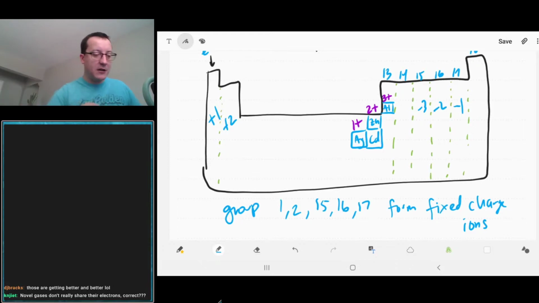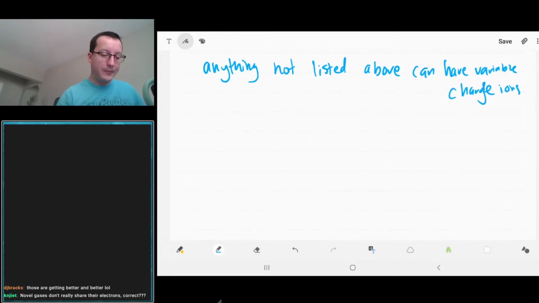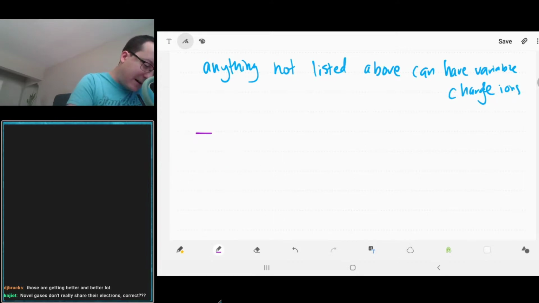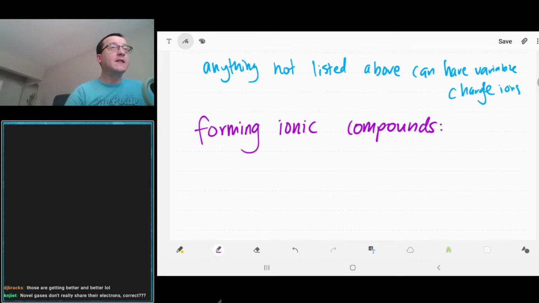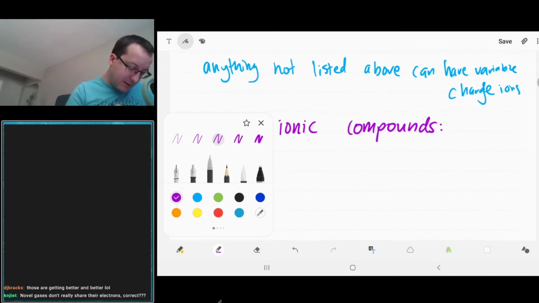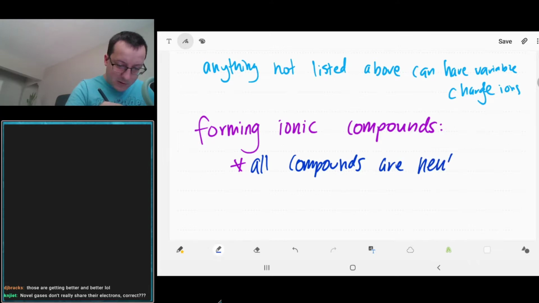That worksheet or handout is there for you guys, easy access for you. All right, so let's see how we form ionic compounds. One thing to note is that all compounds are neutral.